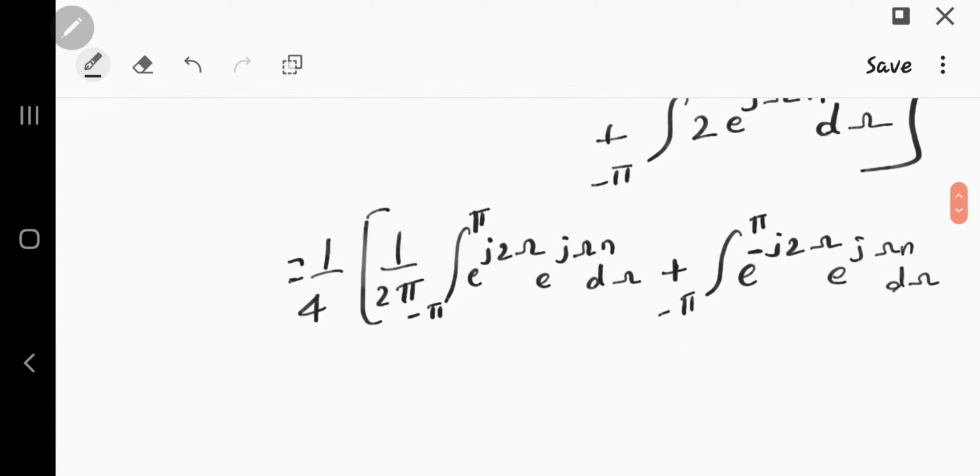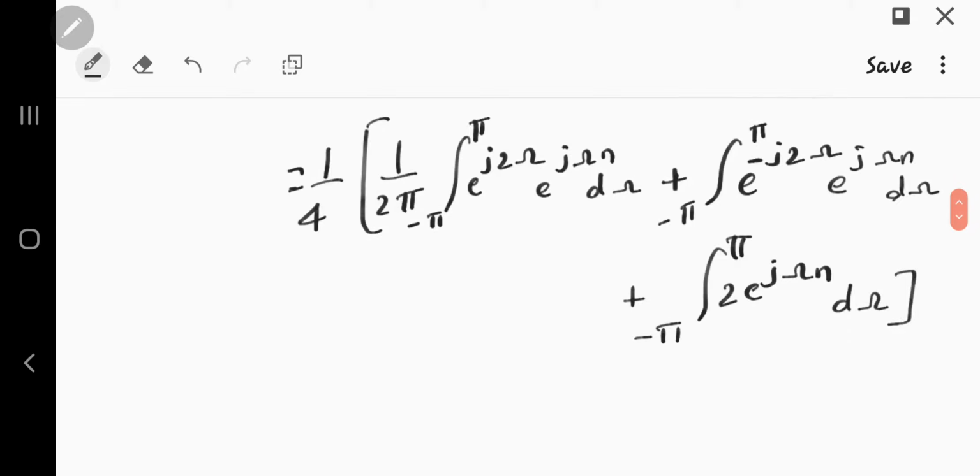So next step, if we go further, minus pi to plus pi, e power 2 into e power j omega n d omega.